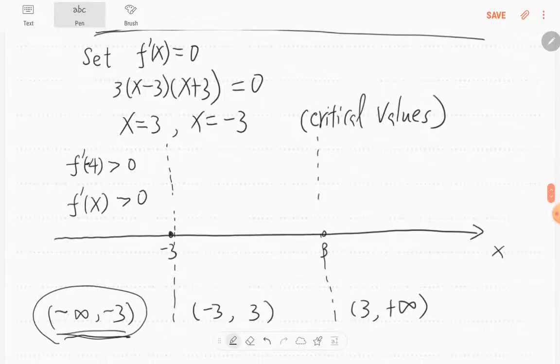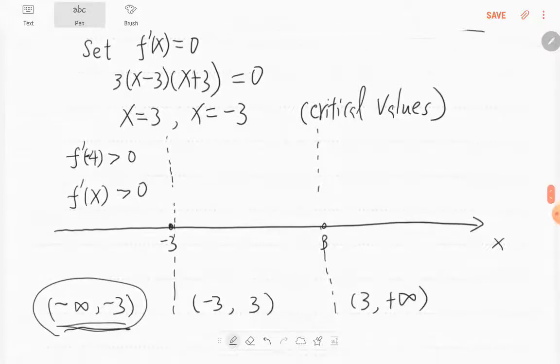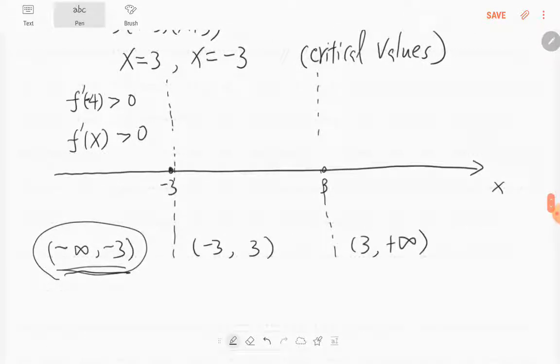So that means on the whole interval from negative infinity to negative 3, the derivative of this f always be positive. Okay, we just need to test a number. Then we can say this function is increasing, right? I use this up arrow to denote this function is increasing.